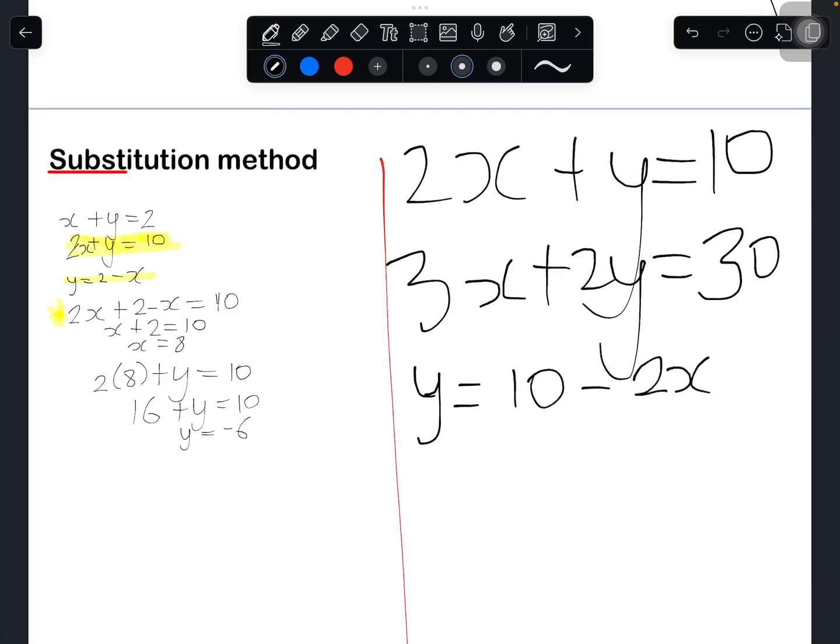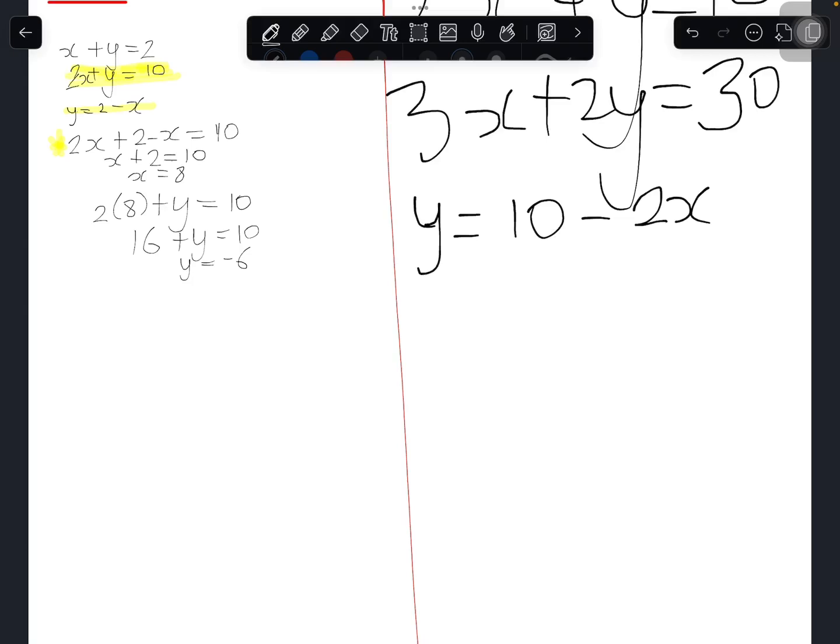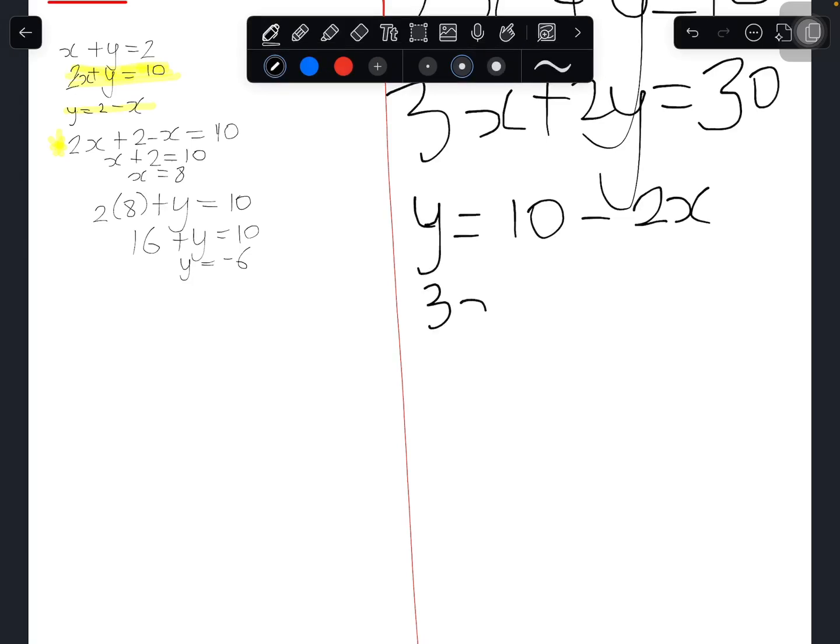Now we're going to use the substitution method and substitute. What we're going to have is 3x plus 2 into 10 minus 2x equals 30. Let me write this 30 better for you guys.